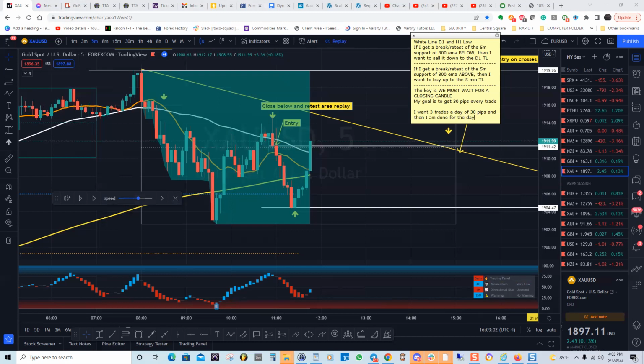So Sunday 30 pips, Monday 30 pips, Tuesday 30 pips, if I see a setup. If I don't see a setup, I don't trade. Follow? Wednesday 30 pips, Thursday 30 pips. And Friday, we take a break. We don't trade Friday.